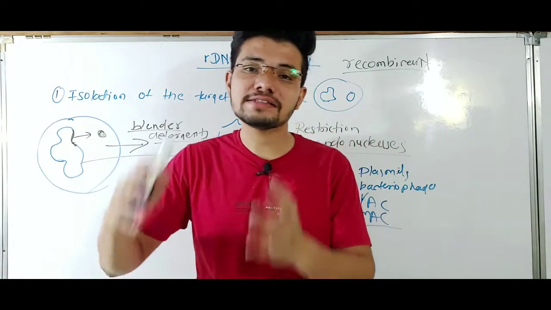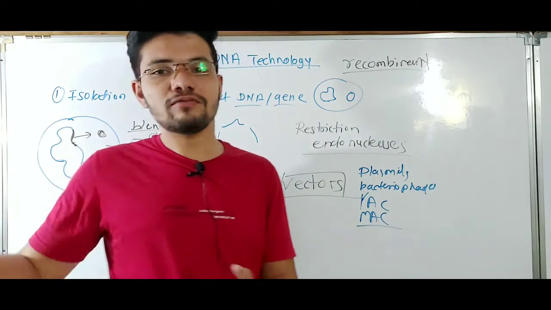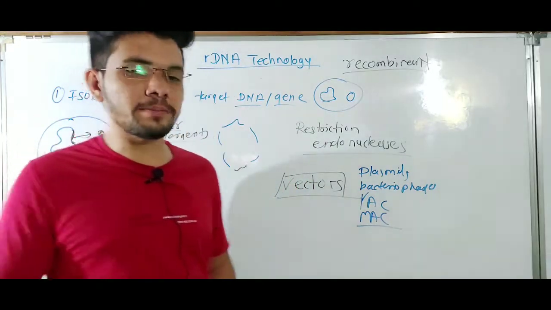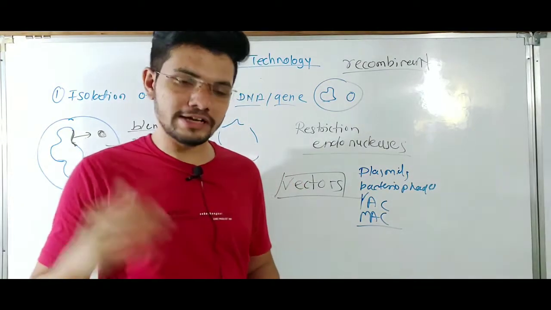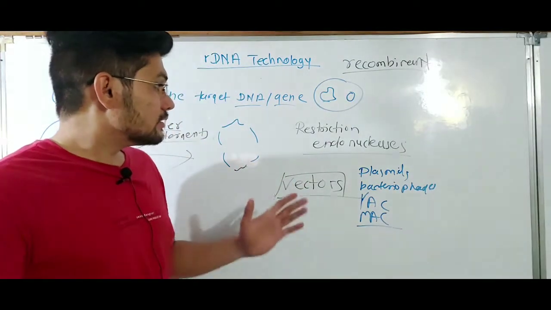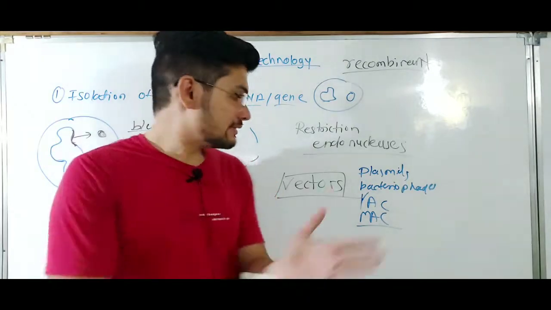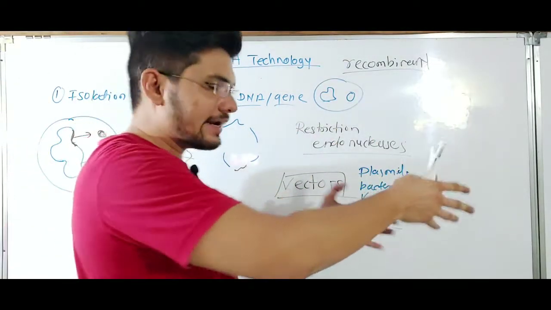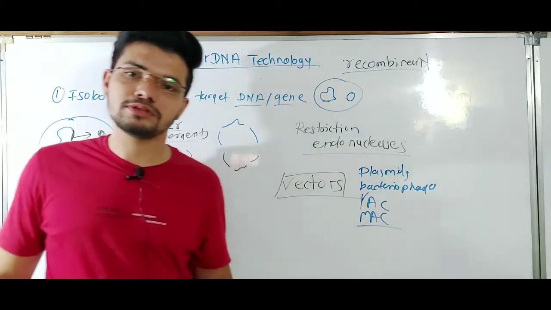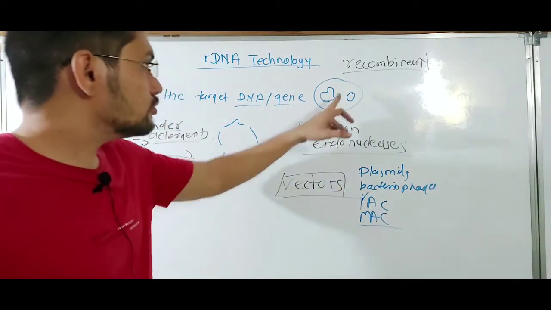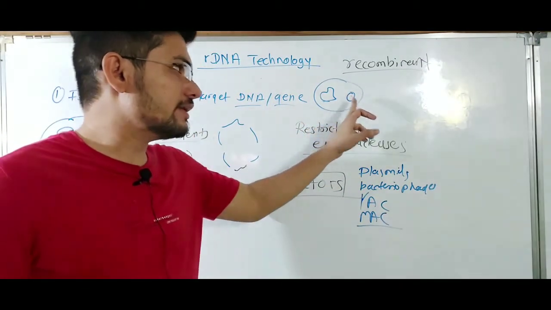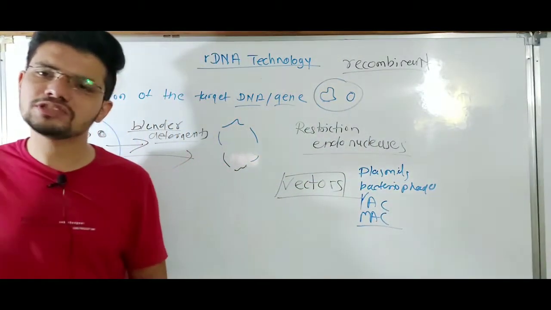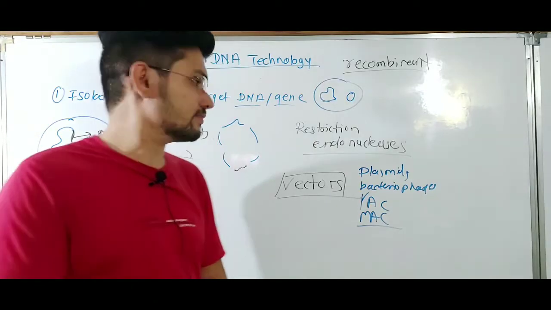So that truck is the vehicle which is going to transport the target product, which is my parcel, to my home and deliver it. Just like that, the plasmid is going to transport this target DNA into the host, right? So that plasmid we are going to use as the vector. Vector means the vehicle which is going to transport our target DNA.